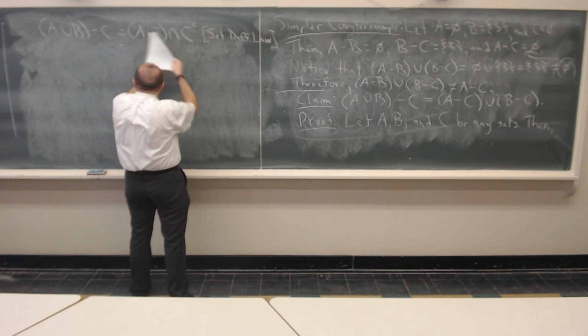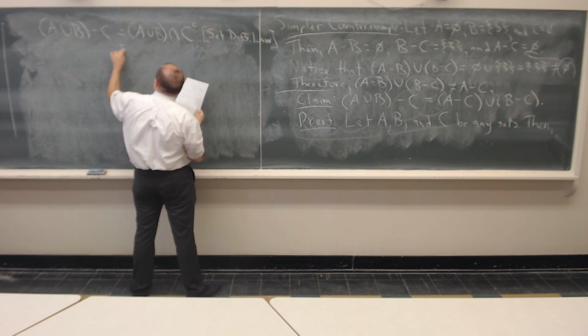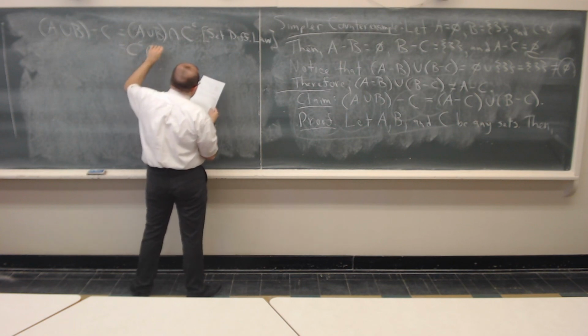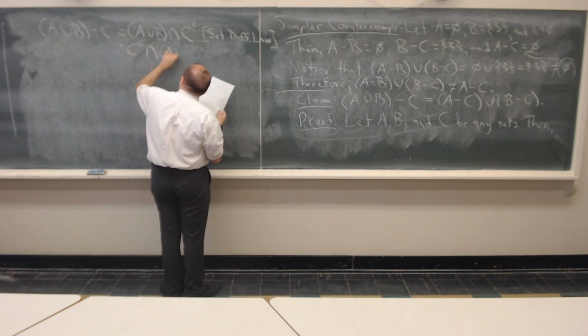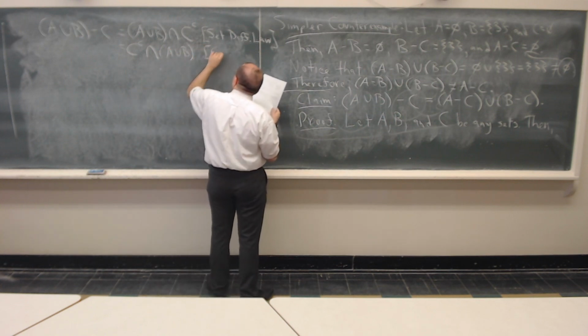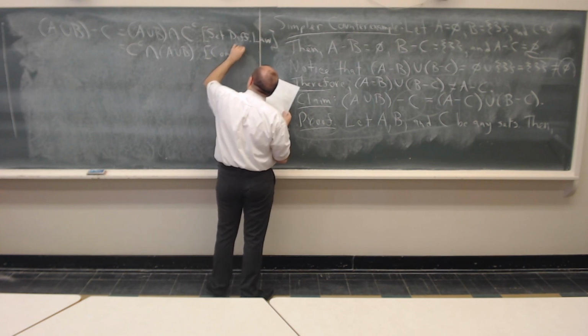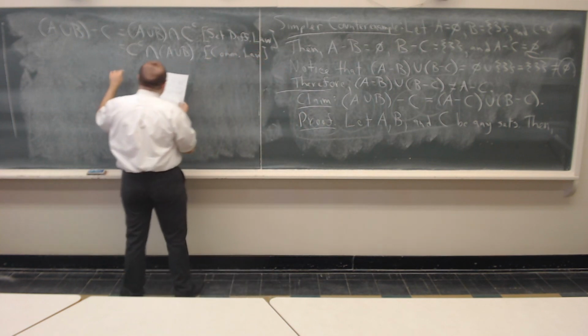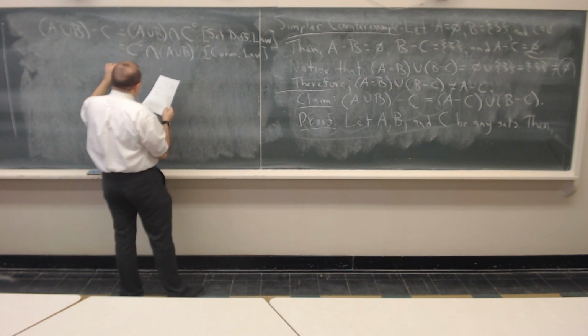So if I look at this, I'm just going to permute these two. I'm just going to rearrange them, switch them around. So I end up with C complement intersect A union B. So I'm just using the commutative law. Then I'm going to use the distributive law.